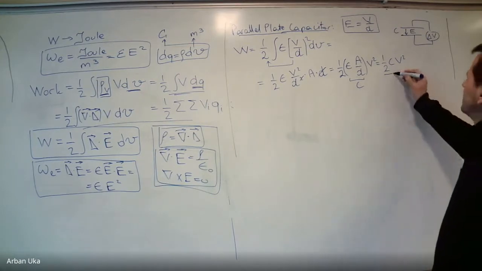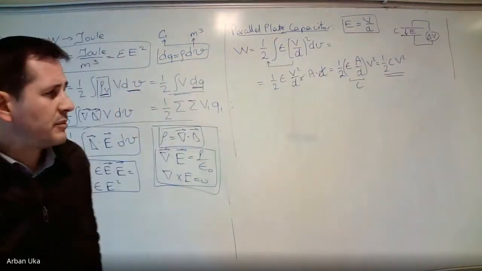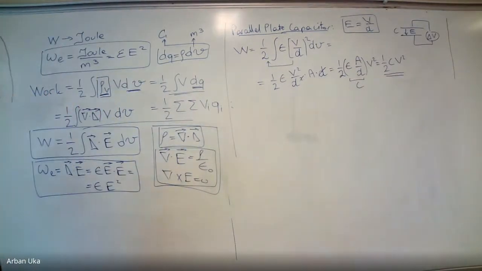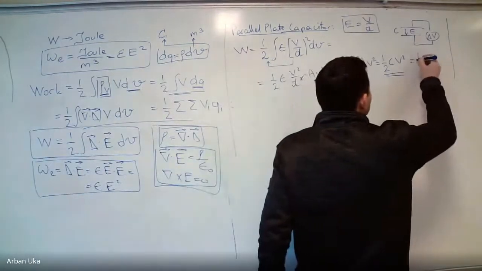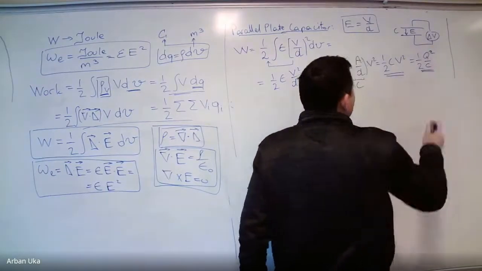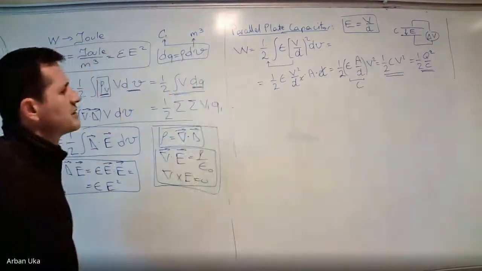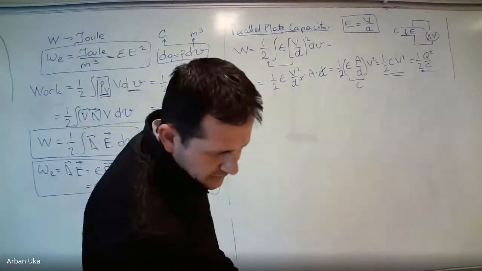We know from the previous course in physics, you might remember that 1 over 2 CV squared was equal to the energy of a capacitor, or 1 over 2 Q squared over C. These two expressions are all equivalent to each other.